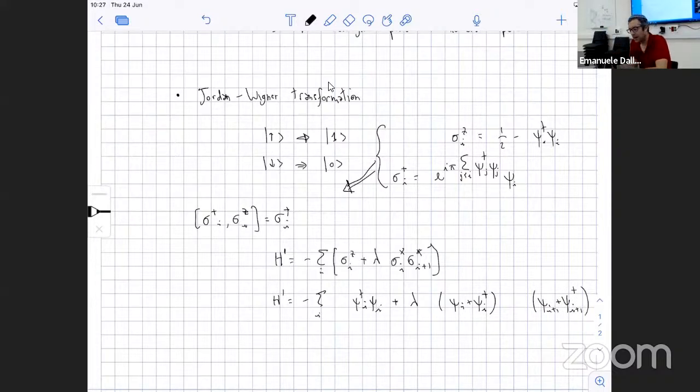However, in addition, you have this string. Let's define this operator as S i. It's called the string operator, the product of the densities of all the sites that come beforehand. So what you need to have here is S i, and here S i plus 1. This is now exact.